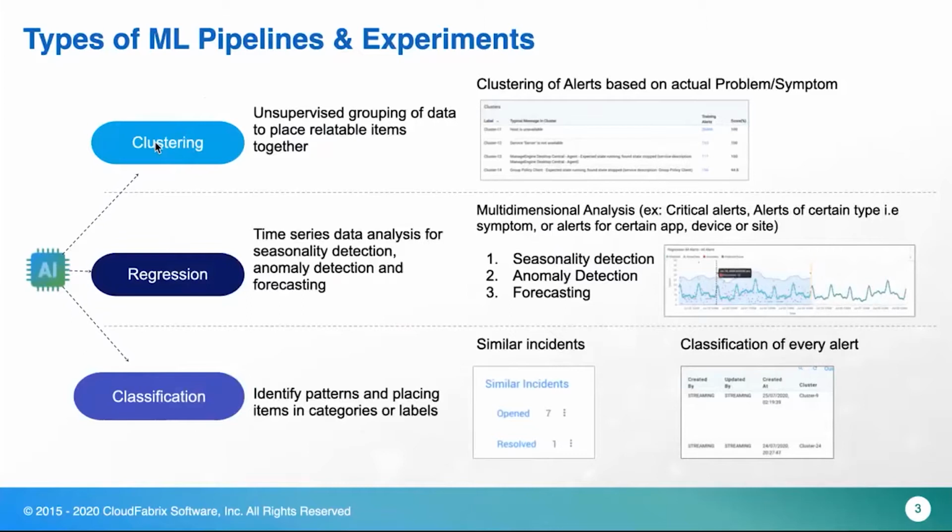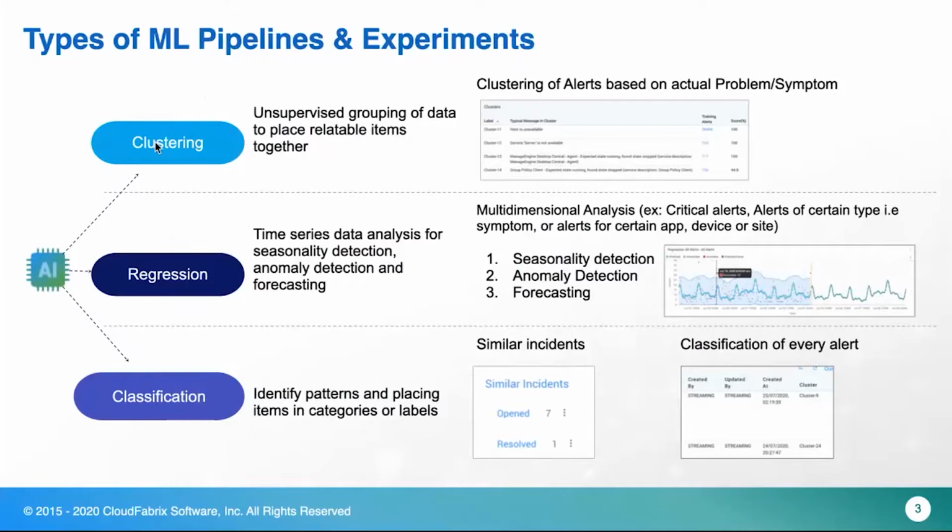We use regression to detect seasonality, detect anomaly, and forecast how certain logs would be trending, and what will be the forecast for a certain alert based on symptoms or based on certain conditions. We use classification to identify similar incidents, and the similar incidents can be solved in a similar fashion. So we would give recommendations or suggestions to users.